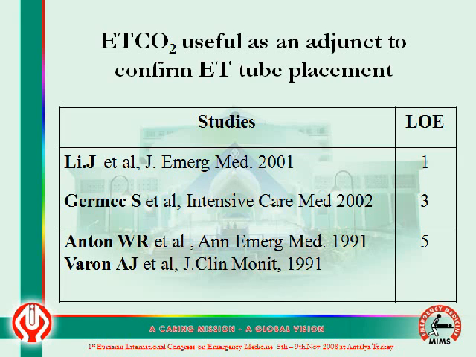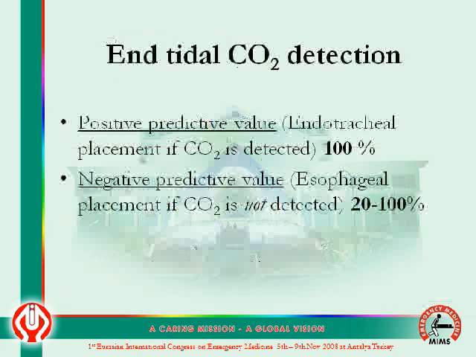EtCO2 as a useful adjunct to confirm the tube position is supported by many studies with a high level of evidence. Level of evidence 1, 3, and 5. End-tidal carbon dioxide detection has a positive predictive value of 100%.